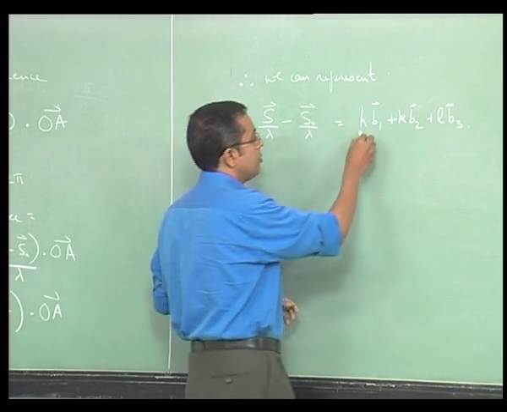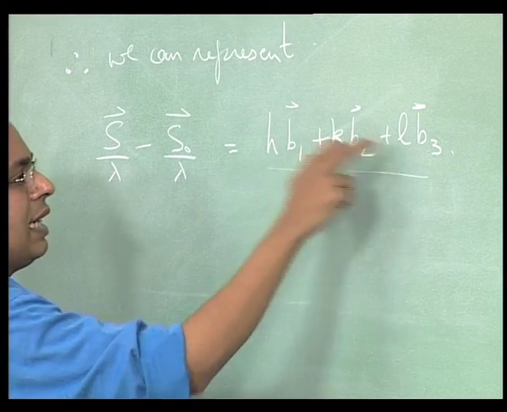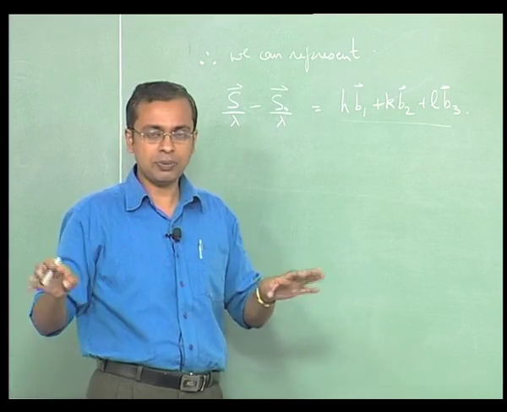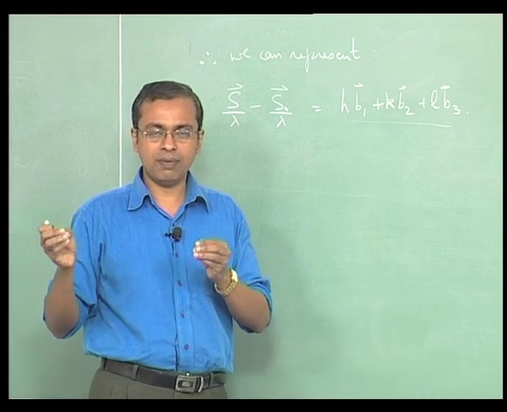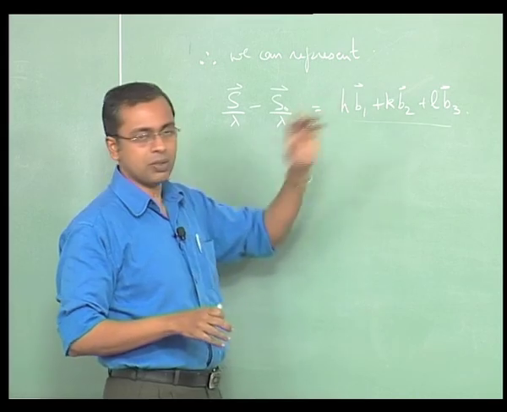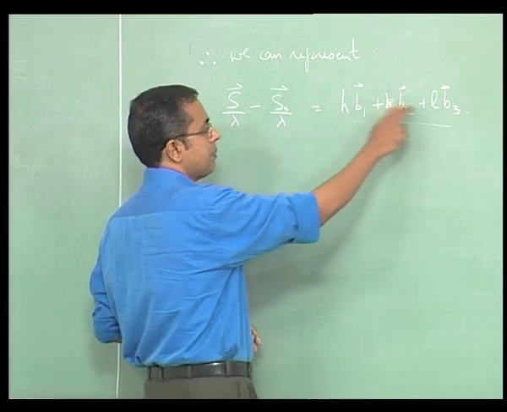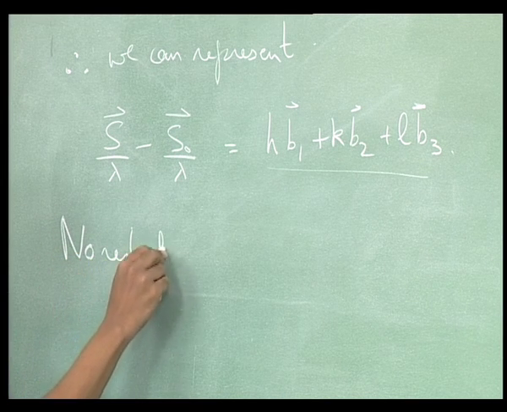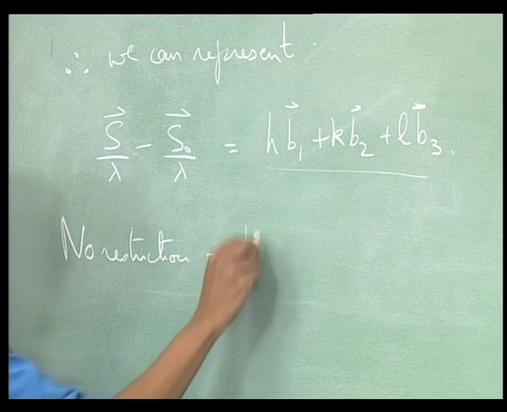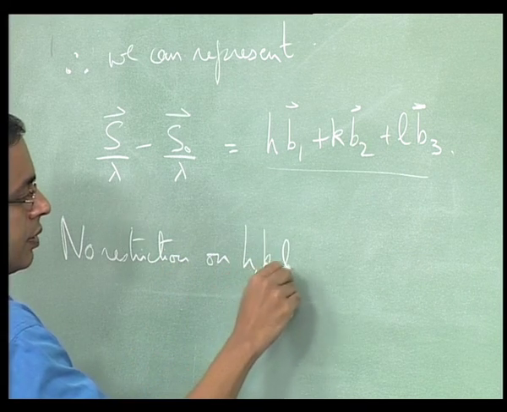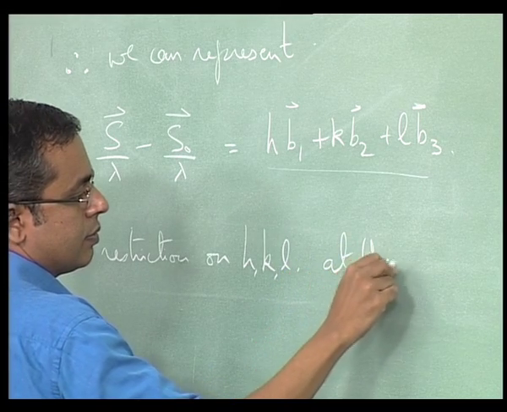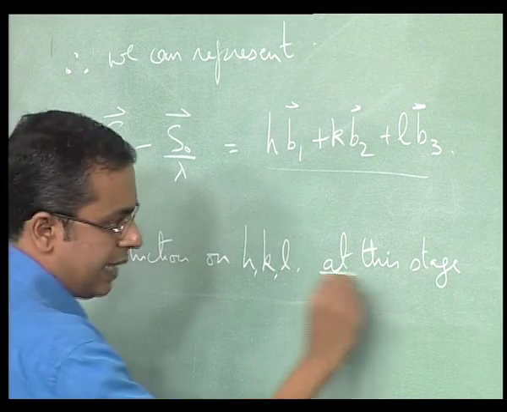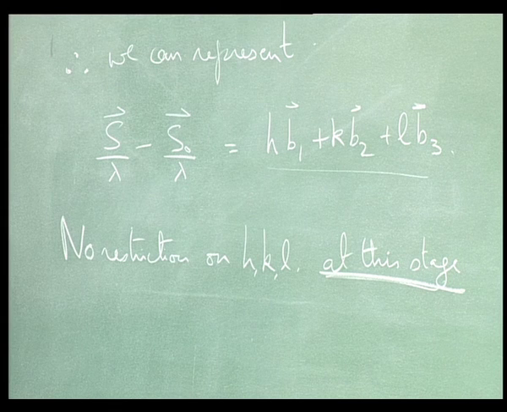So therefore at the moment, the way it is written, even though we have used H, K and L, no restriction is actually being placed on the values of H, K and L. They could be absolutely anything, integers, fractions, any number that you can think of you can place here. So at this stage of our definition, no restriction has been placed on HKL.